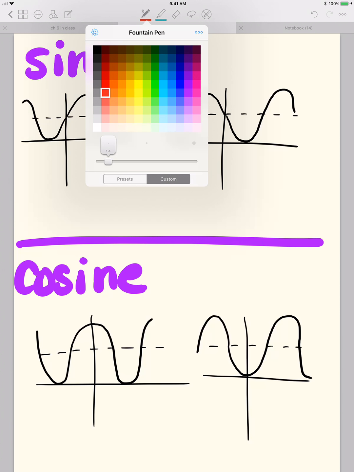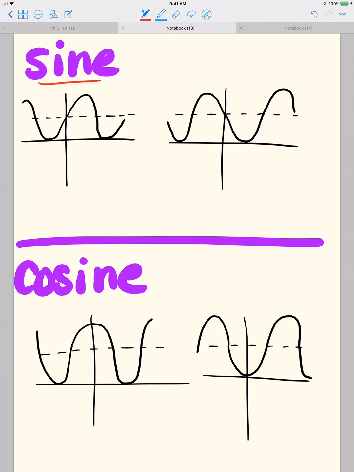So here for the sine graph, if it starts at the midline, the graph starts when the x value is 0. If it starts at the midline and increases, goes up in this fashion, then this is going to be a positive sine graph. Okay, the number out front will be affected by amplitude, but the sign of it will be a positive sine function.